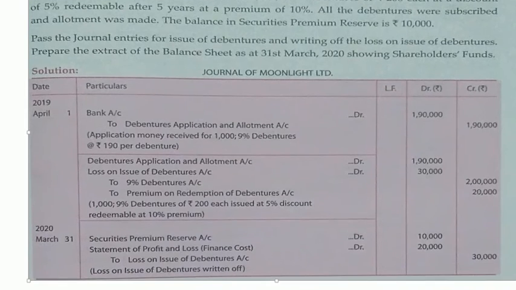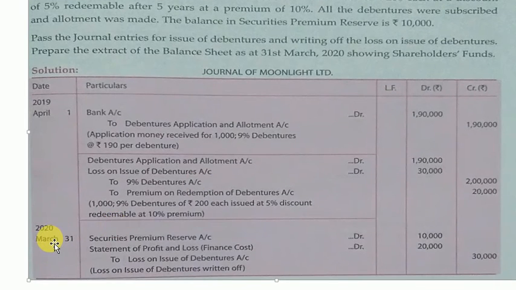Now proceed towards the entry of writing off this loss on issue of debentures account. So on 31st March, that means at the end of the year, we'll write off the loss on issue of debentures account. The total loss on issue of debentures is 30,000, as we know very well, and out of 30,000 we'll write off 10,000 from securities premium reserve first, and the balance will be written off from statement of profit and loss.